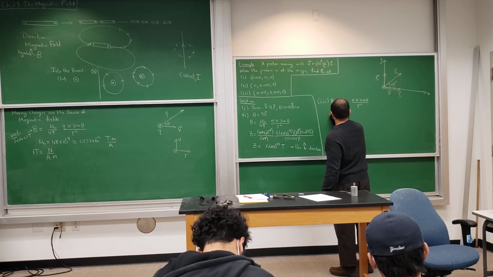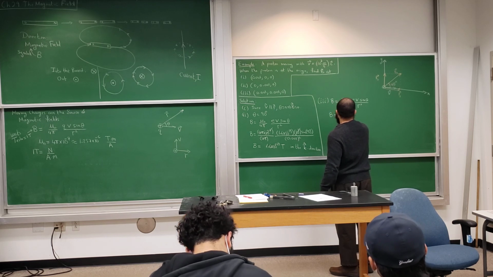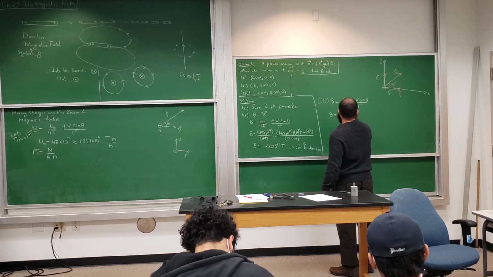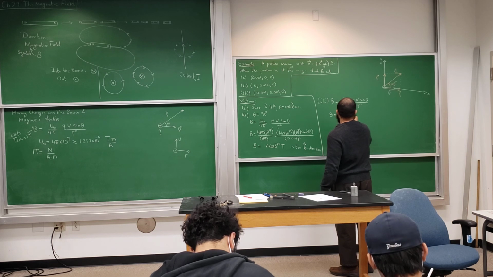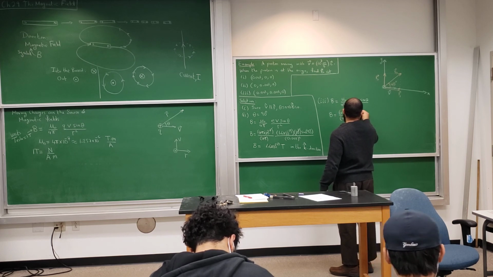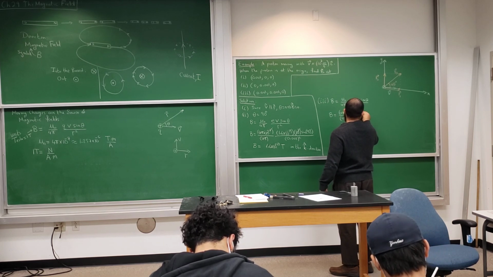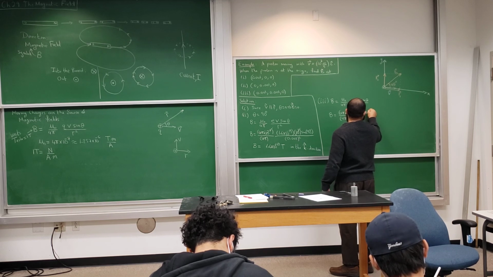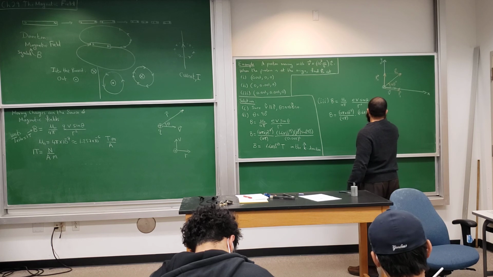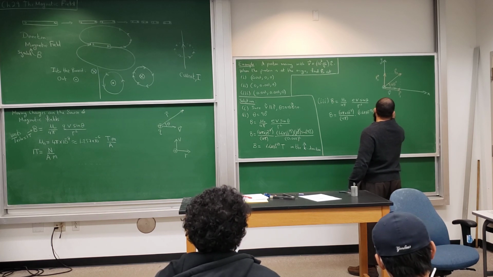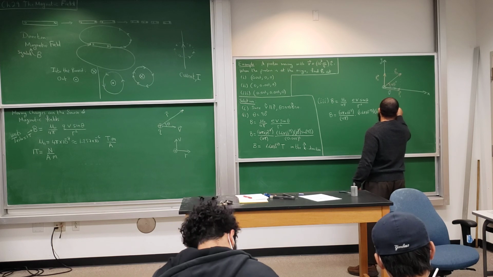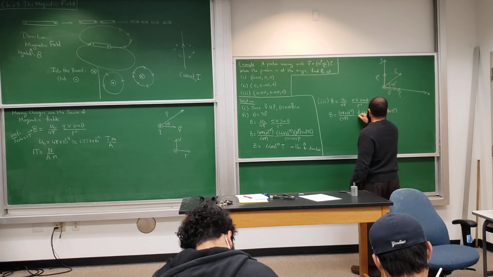So we get B equal to 4 pi times 10 to the minus 7 over 4 pi, times e, which is 1.6 times 10 to the minus 19, times v, which is 10 to the 7, times the sine of 45 degrees, divided by R squared.